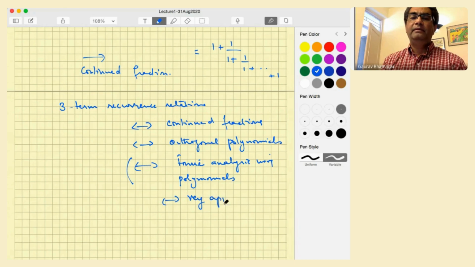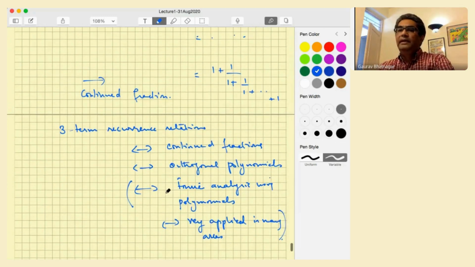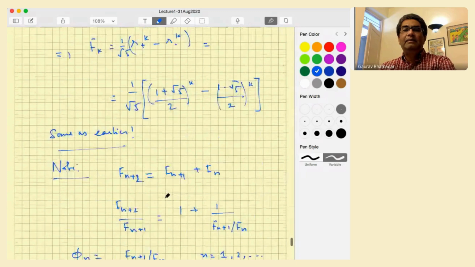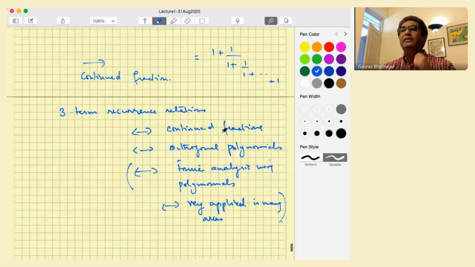Very applied in many areas. So rather remarkably, this simple example, if you just mess around with it a little bit, add a few x's and so on, is related to lots of things.